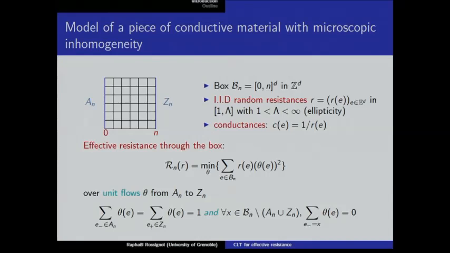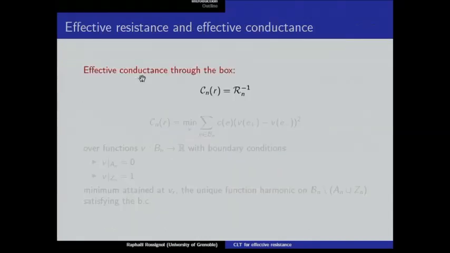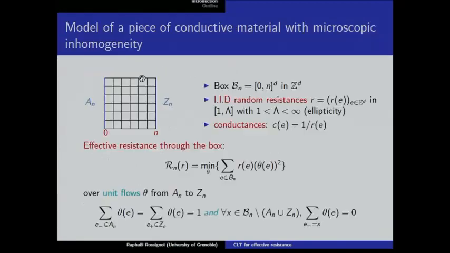To see this, first let us call the reciprocal value of the effective resistance the effective conductance through the box. So the resistance on each edge is uniform between 1 and lambda? No, any distribution between 1 and lambda, but IID.